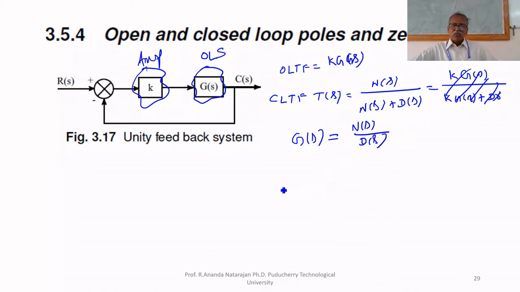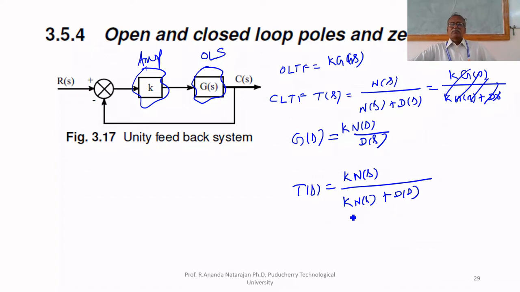Therefore, if we substitute, the closed loop transfer function T of s has numerator k N of s, since k is there in the numerator. So T of s equals k N of s upon k N of s plus D of s. So we can find the closed loop transfer function like this.